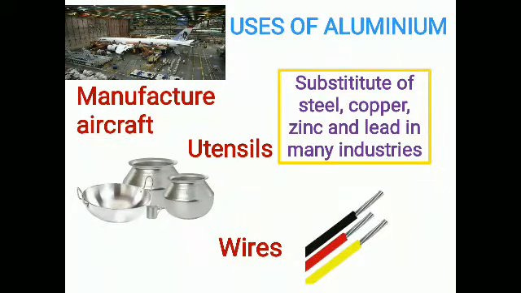From this aluminium smelting industry, it manufactures aircrafts, utensils, and wires. Apart from that, it acts as a substitute for steel, copper, zinc, and lead in many industries. So these are the uses of aluminium industry.